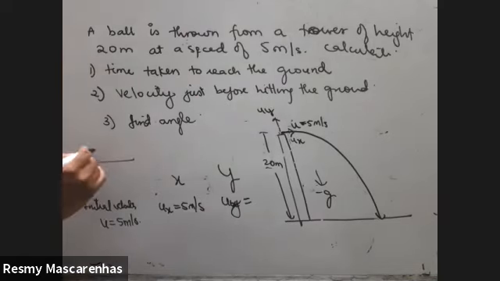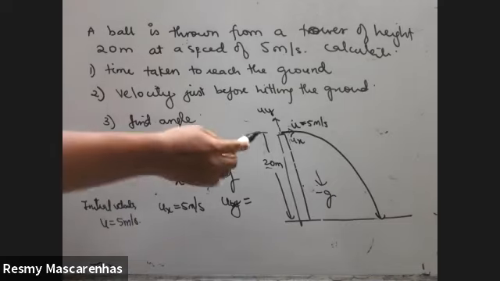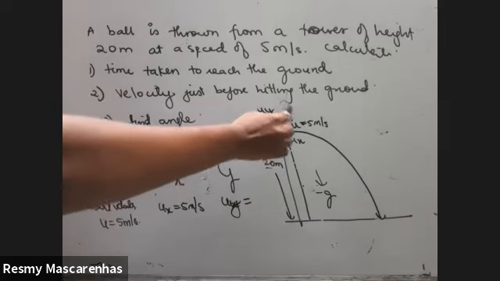Suppose there's a car. The car is moving this side. What is its vertical component? Is it flying in the air? What I'm trying to ask is, is there any velocity of the ball in the y direction? No, definitely not. If there was velocity in the y direction, it would have been going slanting upward.